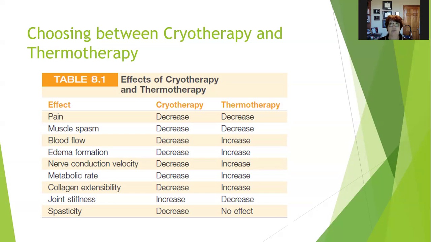Increase metabolic rate to improve healing, yes. Increase collagen extensibility to improve range of motion, yes. We're going to use that. Decrease joint stiffness, you definitely use thermotherapy for that. And probably we're not going to be using it in the case of spasticity. So lots of uses for thermotherapy, lots of precautions for thermotherapy. So keep all those in mind.